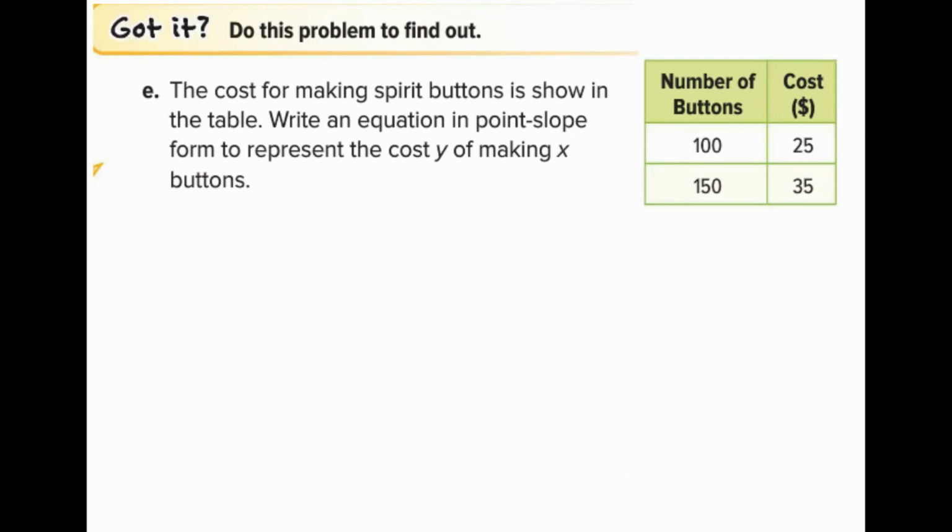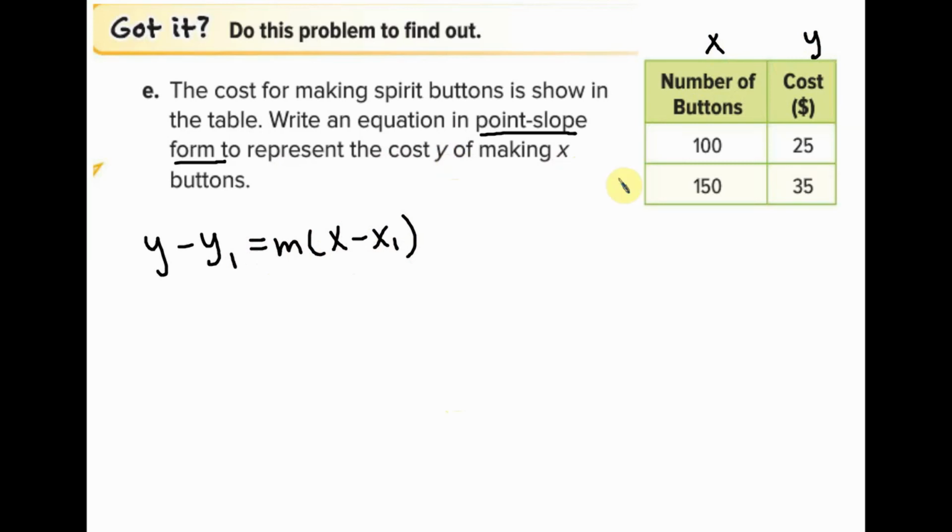The cost for making spirit buttons is shown in the table. Write an equation in point slope form to represent the cost y of making x buttons. Here, they're only asking you to write point slope form, so this could be a little bit easier than number 4. Point slope form to begin with: y minus y1 is equal to m times x minus x1. They're saying the cost is your y and x is the buttons.